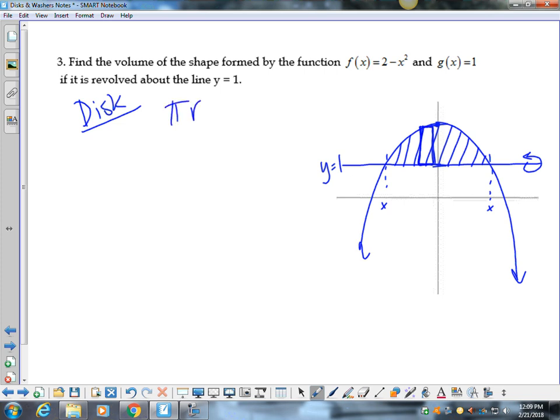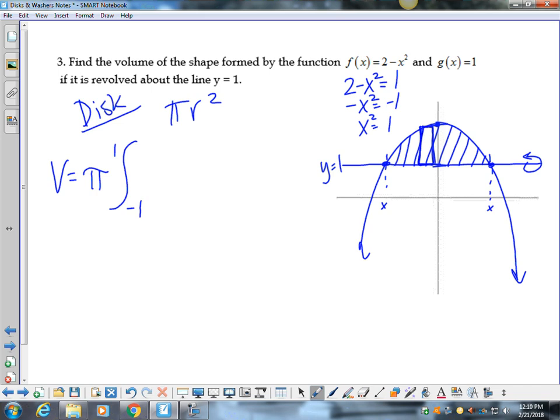Okay, so I'm pi r squared. So volume equals pi. Again, I got to find my from what to what. So I'm going to take my 2 minus x squared, set it equal to 1 because I'm trying to find these points of intersection. So negative x squared equals negative 1, x squared equals 1. Root that, that'd be a plus or minus 1. So I'm going from negative 1 to 1.